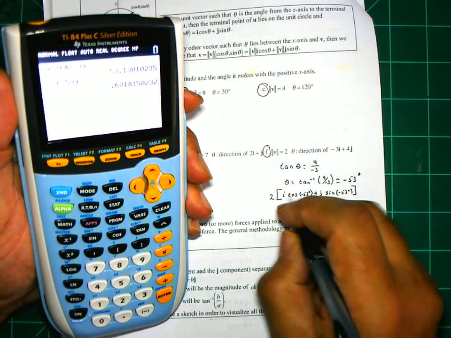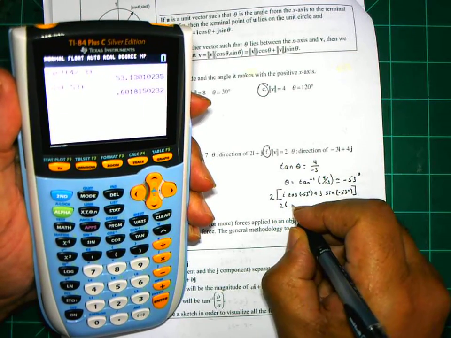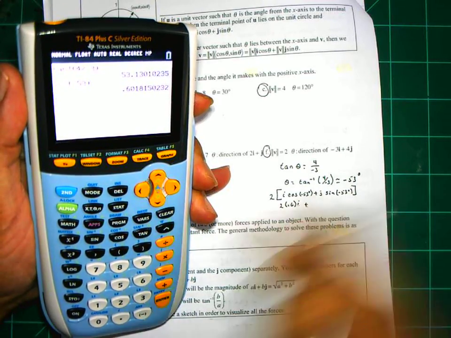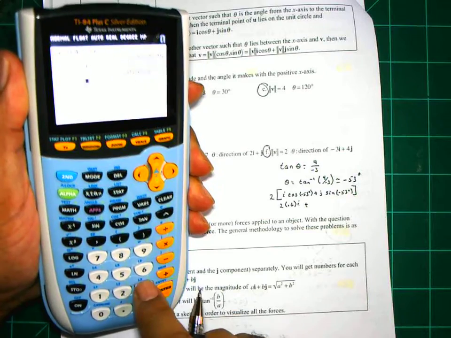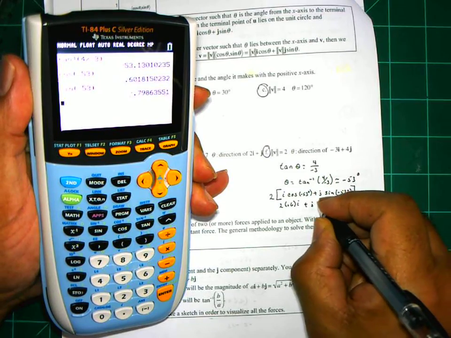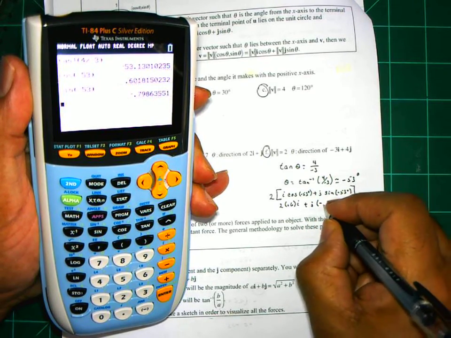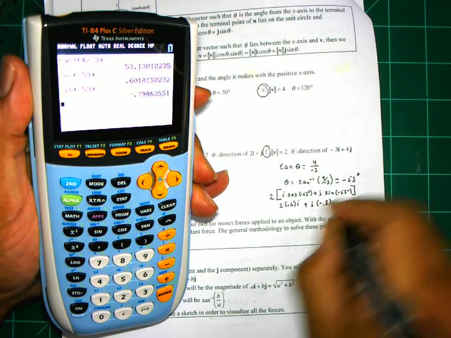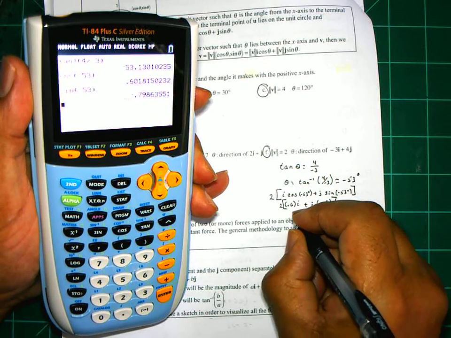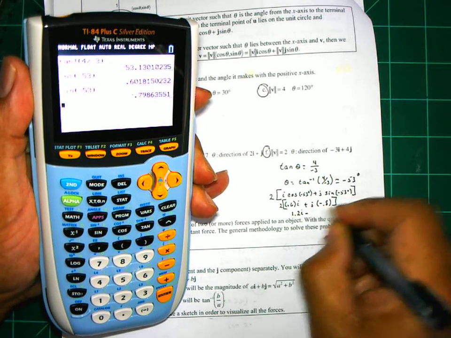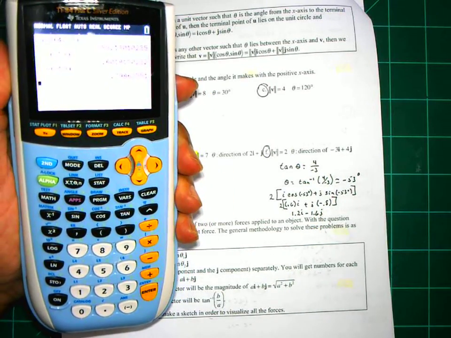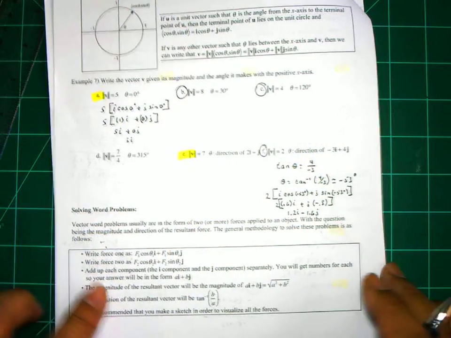So this becomes 2 times 0.6i plus sine of negative 53 degrees, which is j, and I'm going to round this to 0.8. And I'm multiplying all of that times 2. So this turns out to be 1.2i minus 1.6j. And we're done. Okay, take a look at that.